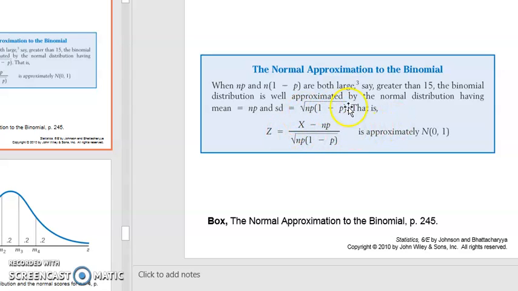So this gives us a way to find the probability for a large sample size of a binomial distribution, instead of using the binomial distribution formula, which can be very tedious.